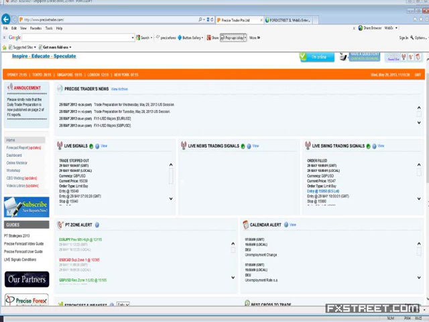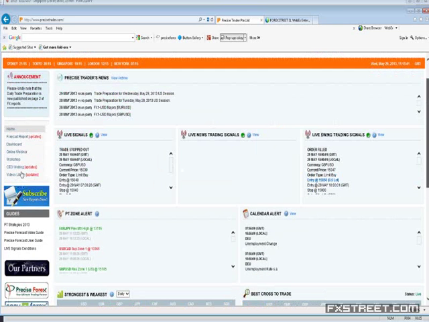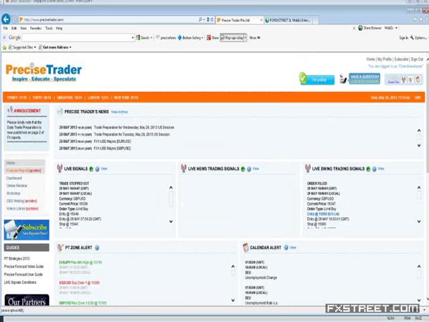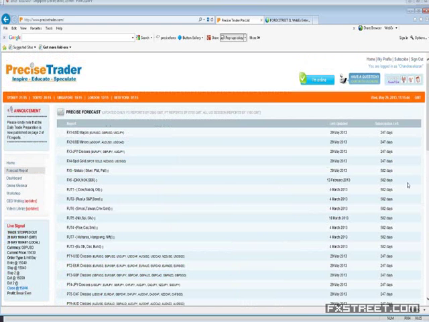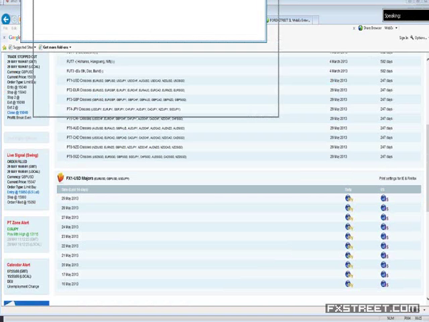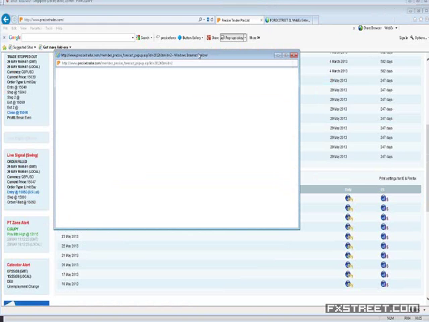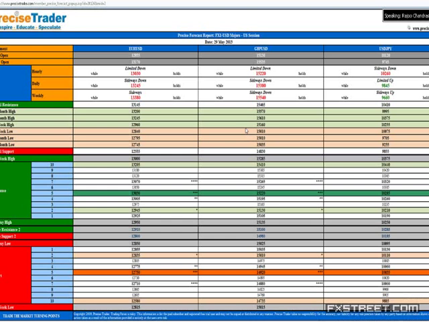Before we go to the market, this is what we would want to do to check the levels. Where would our entry be, where would our stop loss be, and where would our exit point be.